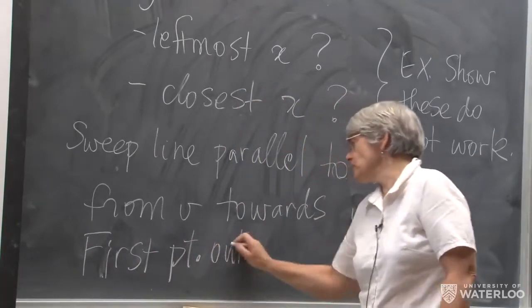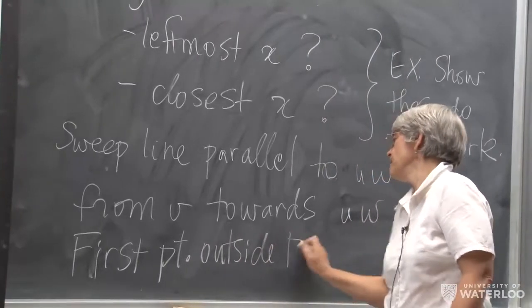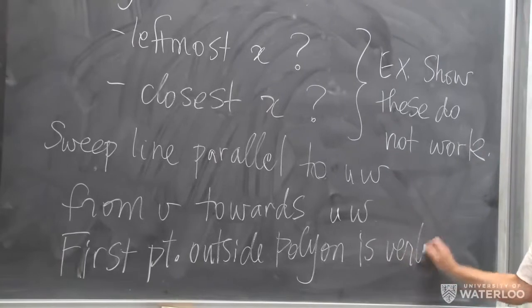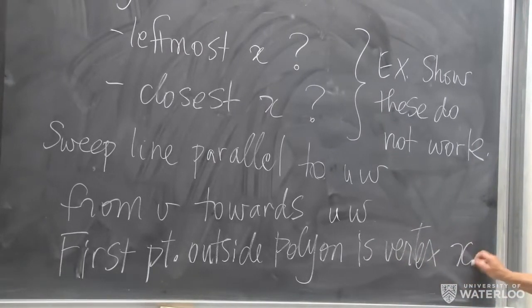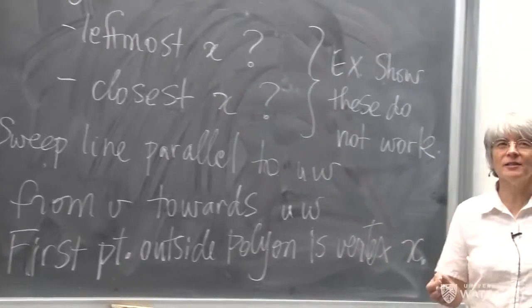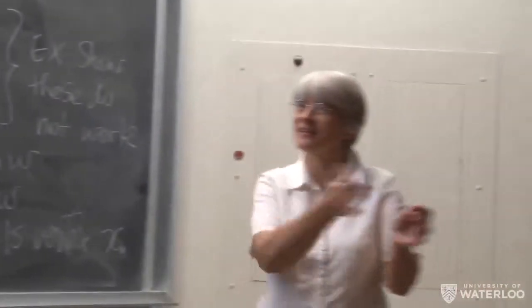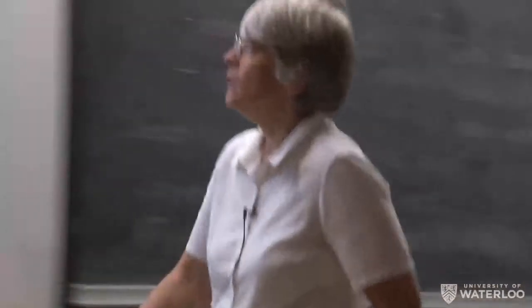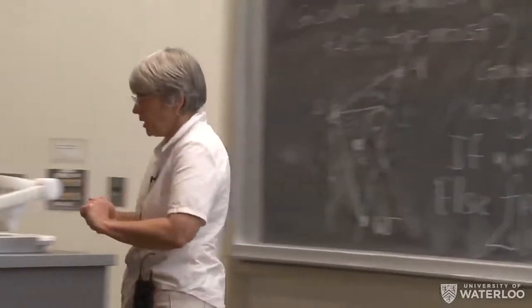The first point outside the polygon is the vertex x. And why is Vx a chord now? Well, because its whole length is inside the polygon by our method of how we swept things. So that's the proof of this lemma.